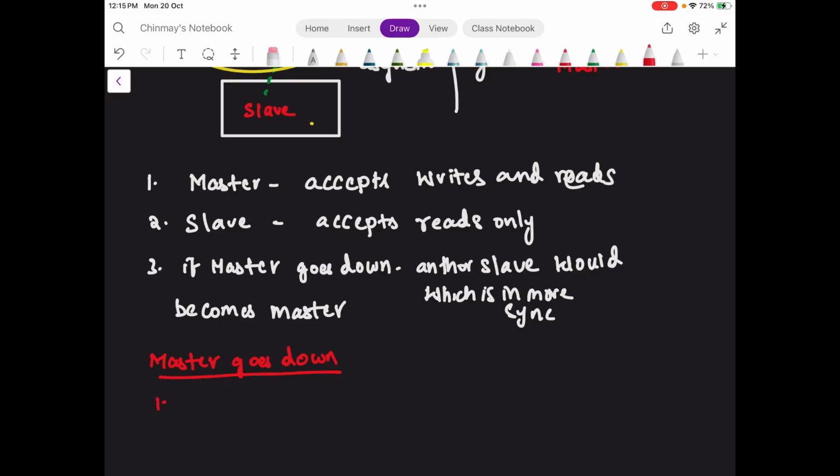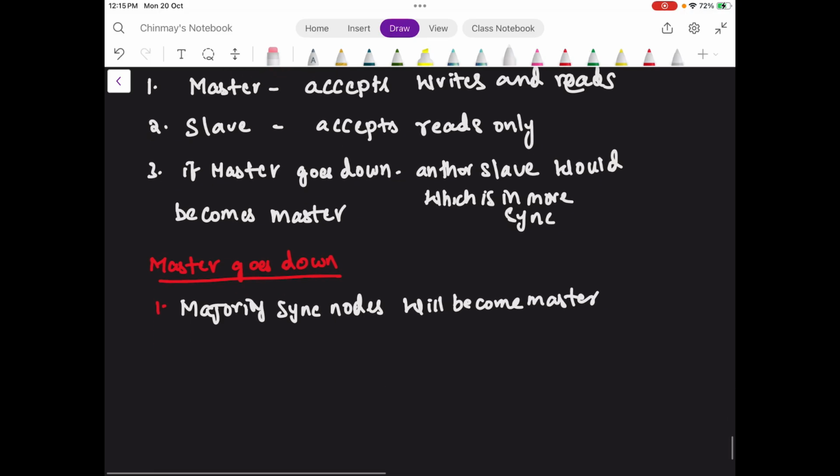The majority synced node will become the master.